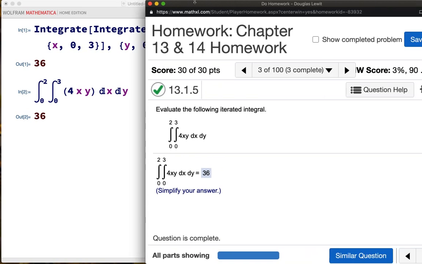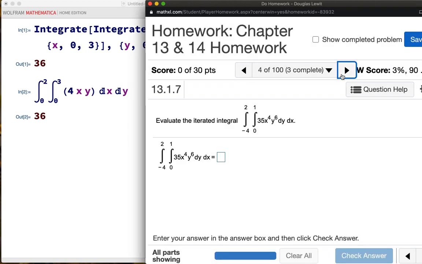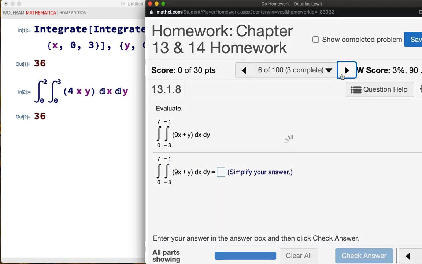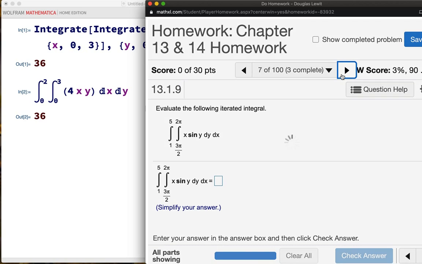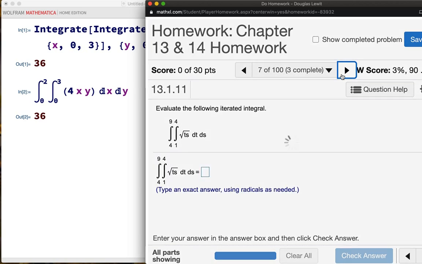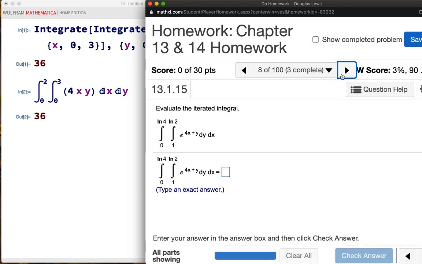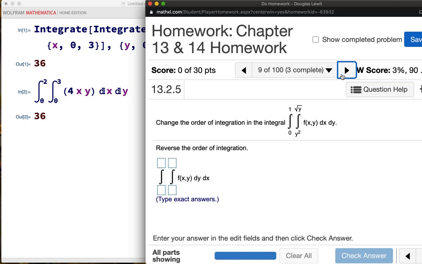Let's see what else. We have a lot of interesting problems in this homework. This is very similar to the previous problem. Some of these can get really tricky. I think I saw a problem in your homework last night.